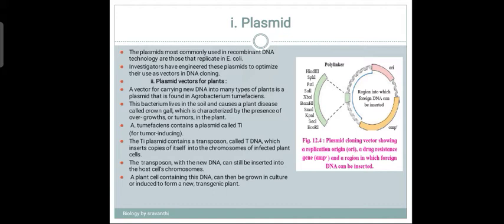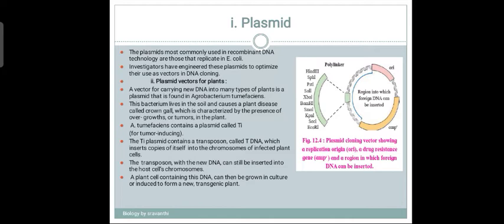Let us see the plasmid vector for plants and how it works in plants. For this we have selected the bacterium Agrobacterium tumefaciens. These bacteria mainly live in the soil and cause a plant disease called crown gall disease, which is due to overgrowth. It forms a mass, so it is also called a tumor in plants.